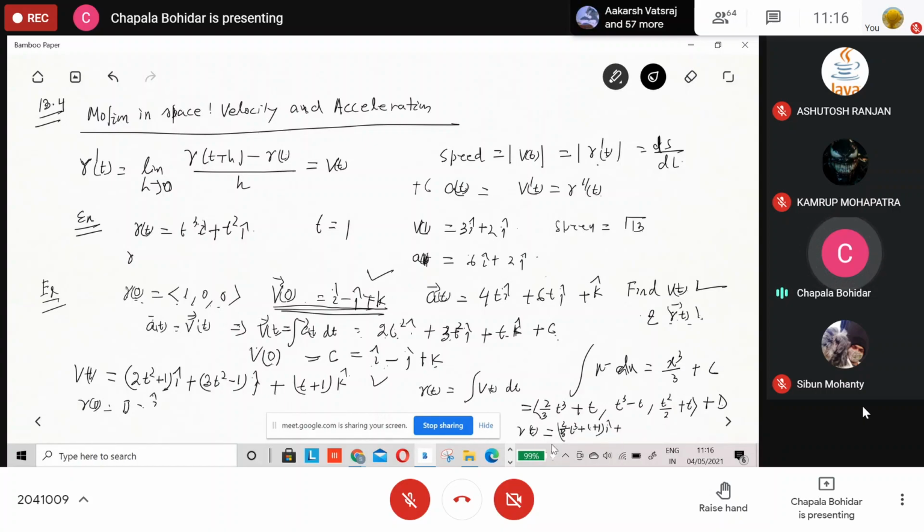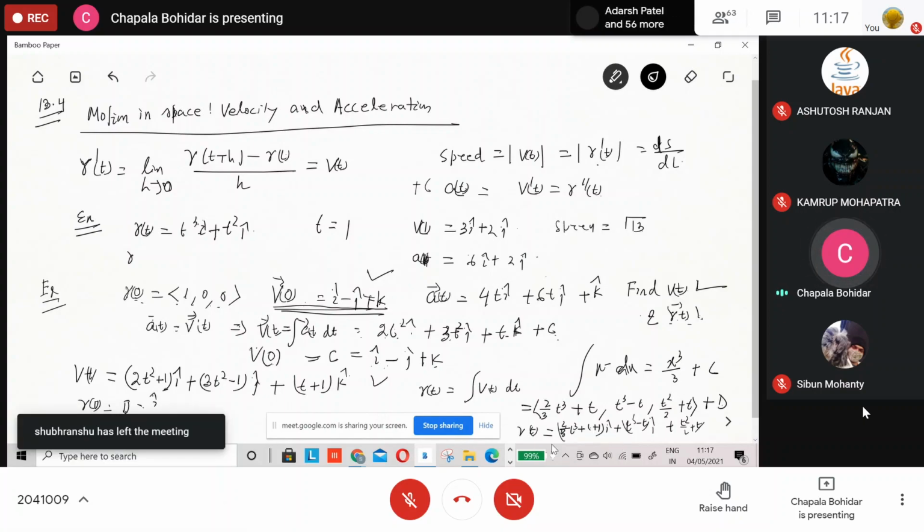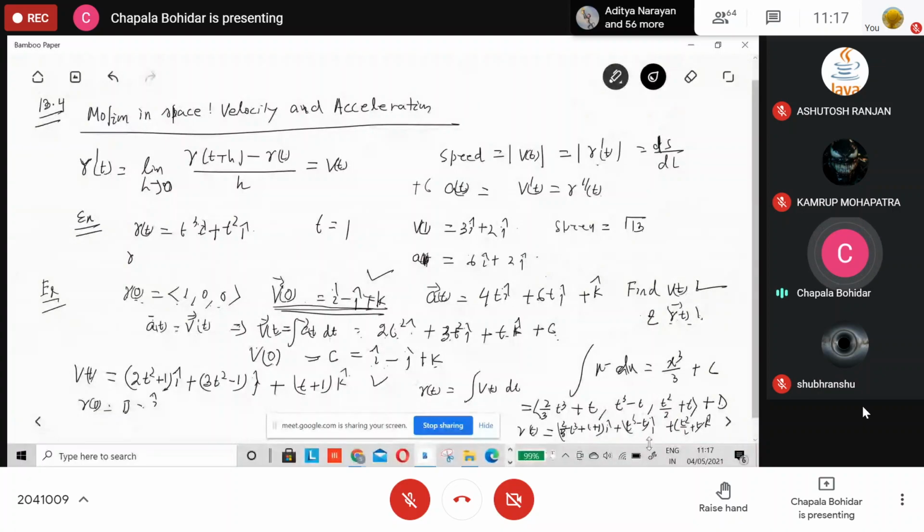I can write it like this: plus t cube minus t into j cap plus t square by 2 plus t into k cap. So it is over.